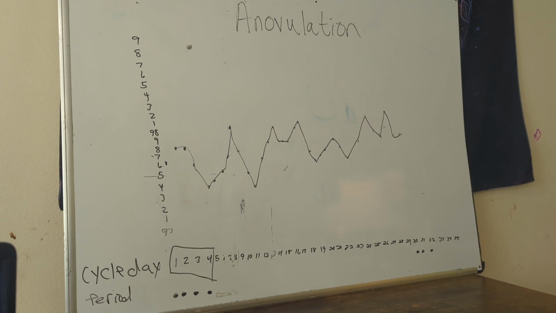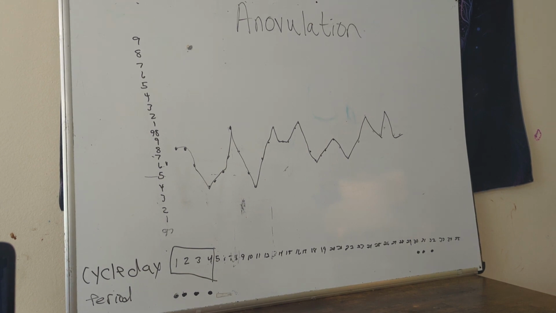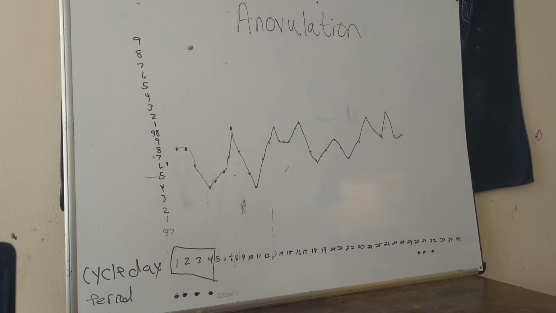Looking at the difference here in an anovulatory cycle, we can see that no thermal shift occurs throughout the cycle. The period is captured from day 1 through 4 and then again on day 30, but no thermal shift remains elevated.